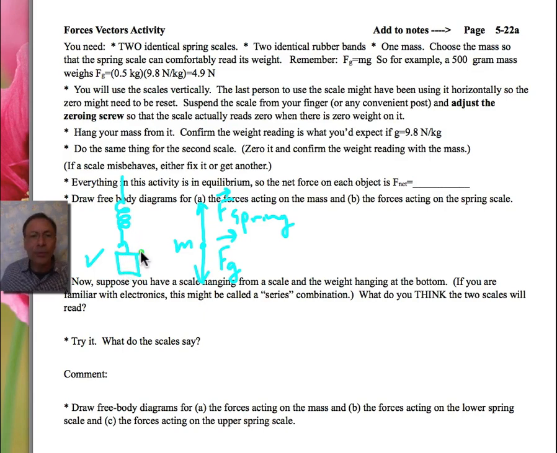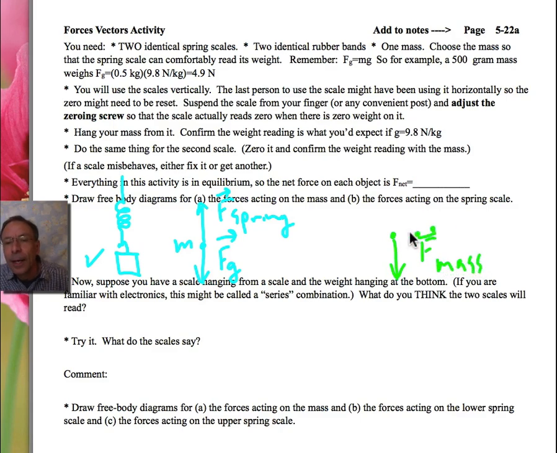So that takes care of the mass. Now let's do the free body diagram for the spring. I'm going to draw a dot here. That's the spring. I know it doesn't look like it, but that's the spring. And you've got a downward pull from the mass, so call it F from the mass.